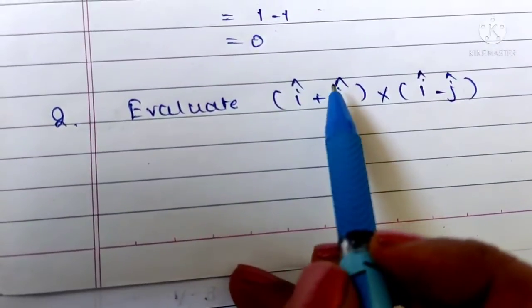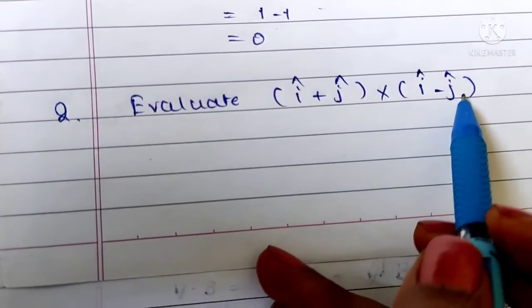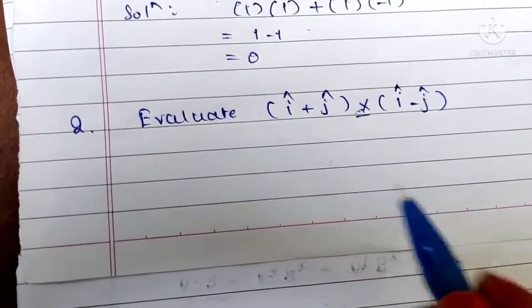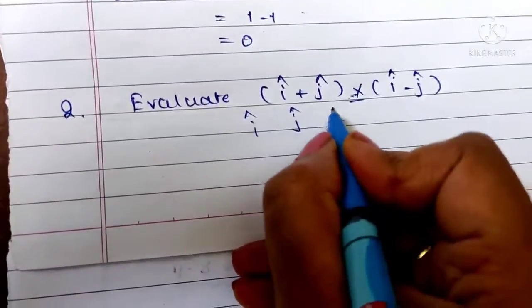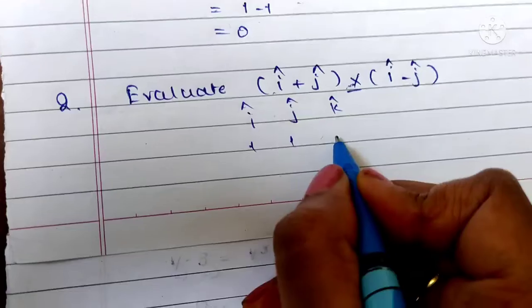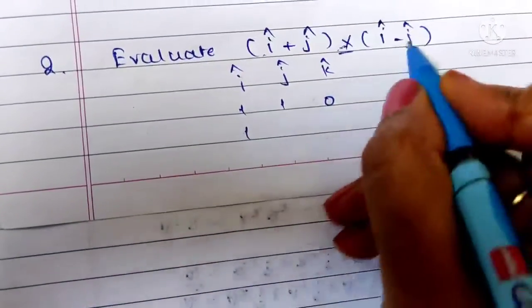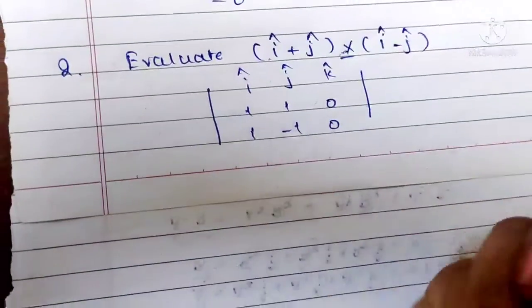Here we are asked i cap plus j cap cross i cap minus j cap. Now write this cross product in the form of a determinant: i cap, j cap, k cap. Here ax, ay, that is 1, 1, the z component is 0, and the second vector x component is 1, y component minus 1, z component 0. Now solve this.